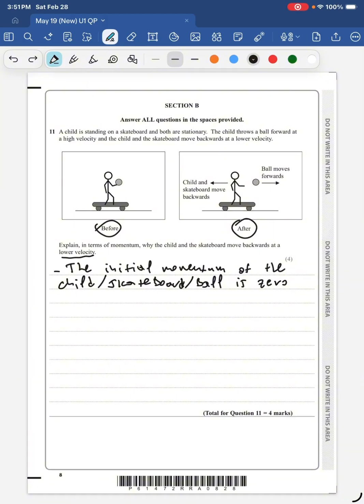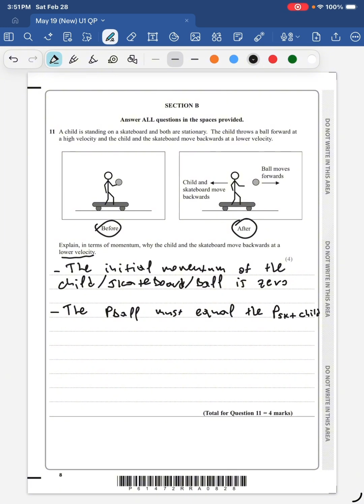Okay, so if we call P the momentum of the ball, it must equal P, the momentum of the skateboard plus child.